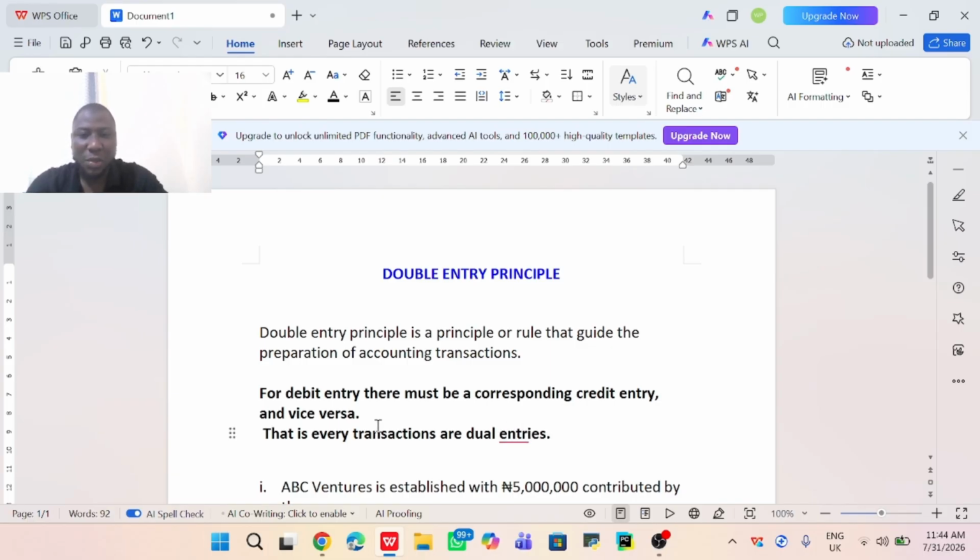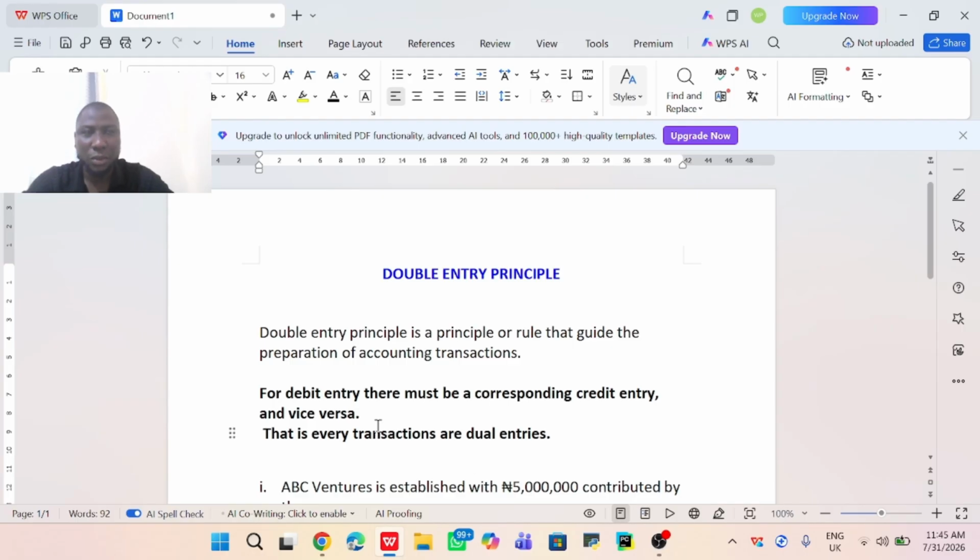That means you will enter it two times. Every transaction will be recorded in two places. That is the meaning of the principle. If you debit a transaction now, you have to credit the same transaction. If you credit a transaction now, you have to debit a transaction.